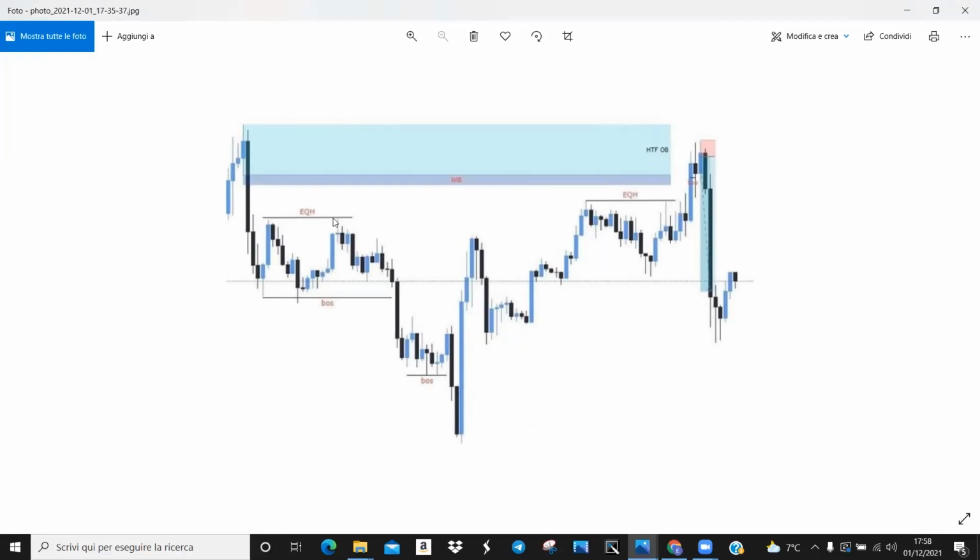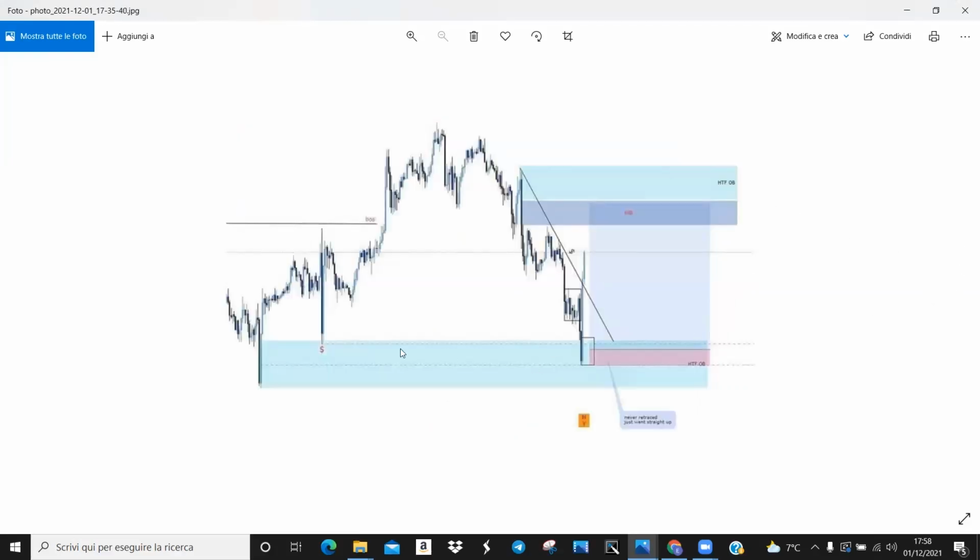Here, highs, so order block, imbalance, highs on the way down and highs also here. This is an A setup. Here, order block, imbalance was actually closed, so no imbalance. Previous lows here and previous lows here, this is a C setup.